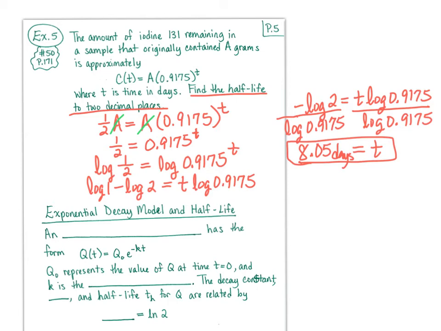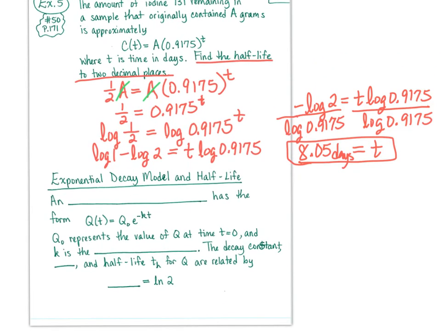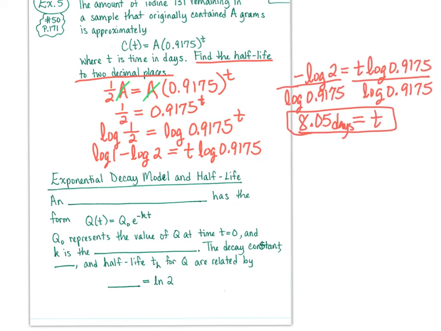Okay, now let's talk about the exponential decay model and half-life. An exponential decay function has the form Q of T equals Q naught e to the negative kt.